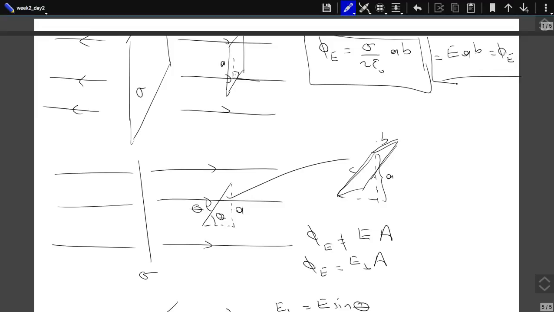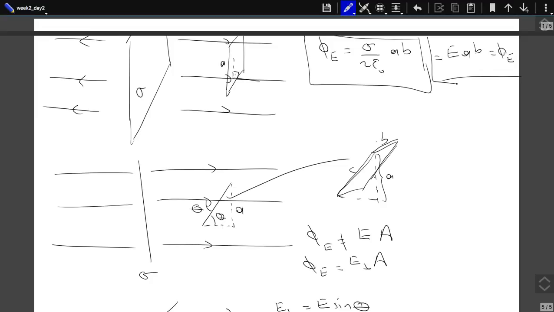Questions? Can we also express it as a scalar product of the... We will. Now, one confusing concept at a time. Any questions about this flux?